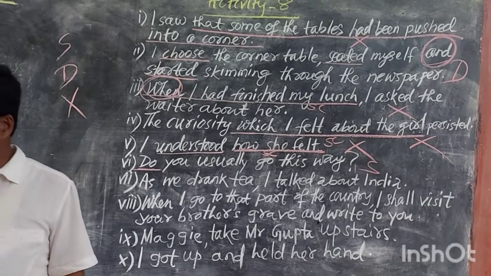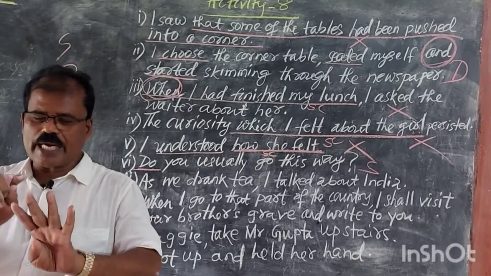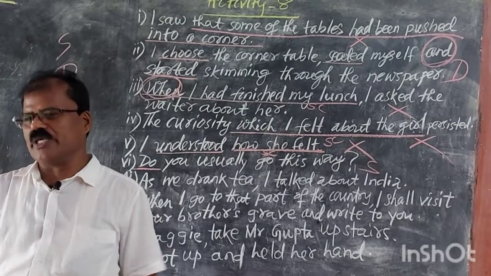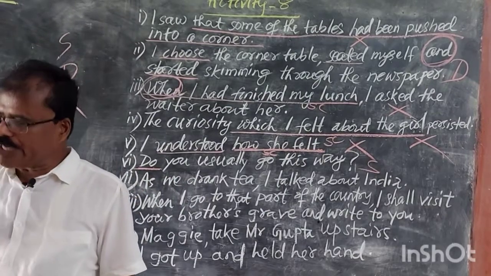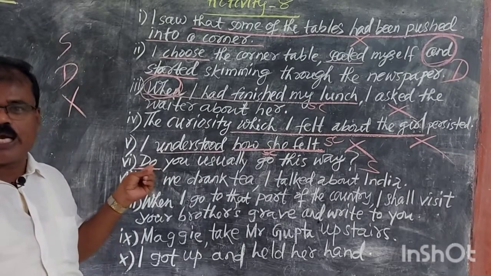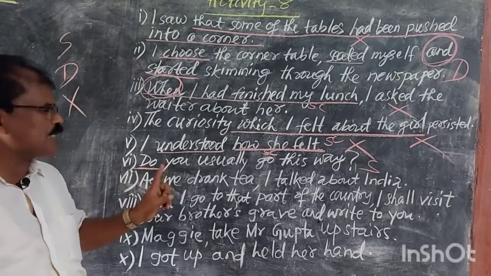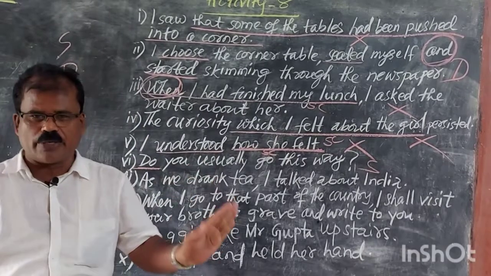Okay? Simple sentences are of four types: declarative, interrogative, imperative, exclamatory. First, what type of simple sentence is it? Interrogatives are of two types: yes, no, and WH. What type of interrogative is it? Yes, no. So it is a simple sentence. There is no doubt about it.